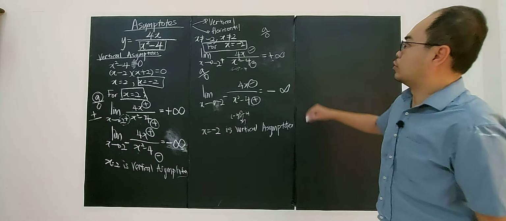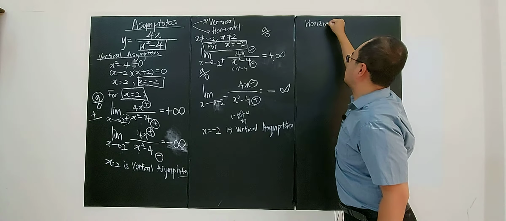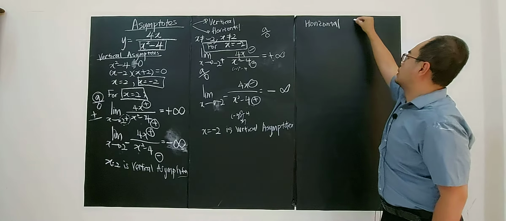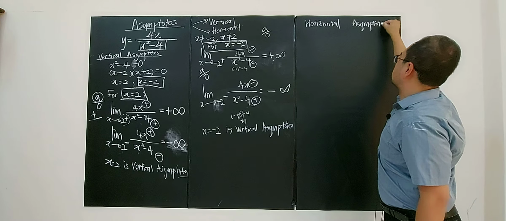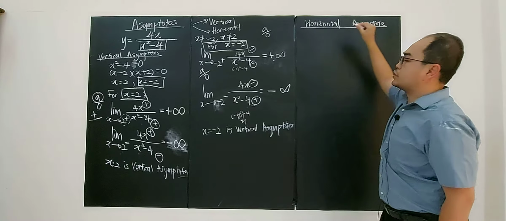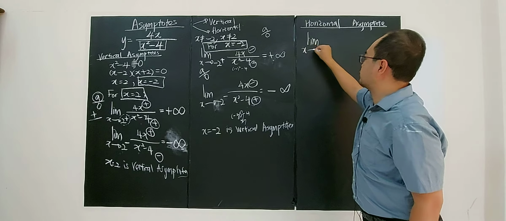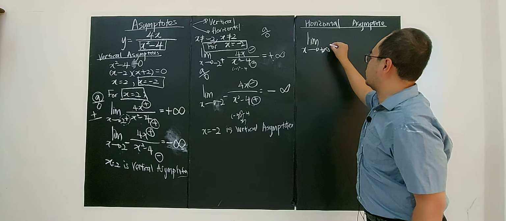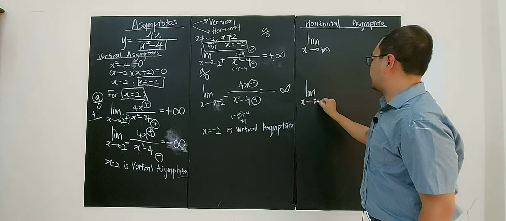Alright, now go for the horizontal asymptotes. The procedure is you find the vertical asymptotes, then you find the horizontal asymptotes. For horizontal asymptotes, we evaluate the limits at positive infinity and at negative infinity.